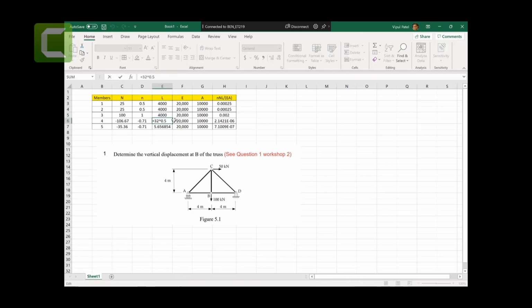Let's multiply this one into newtons, and let's put this one in millimeter.